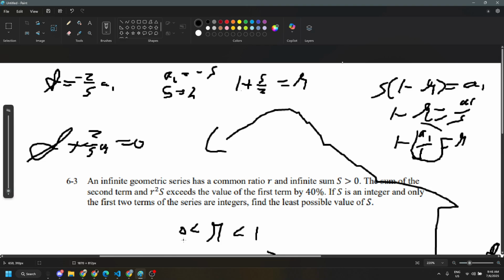They said noting that s equals a over 1 minus r, we can eliminate a from the equation. I don't really know what they did there. And then they got a quadratic, I believe. No, they didn't. They just simplified it somehow. And then they found r, and then plugged r into a over 1 minus r.